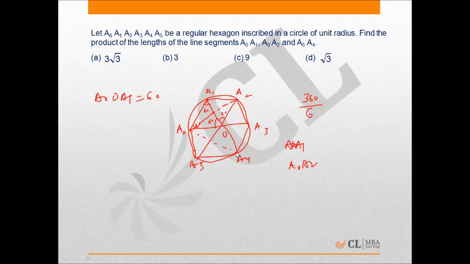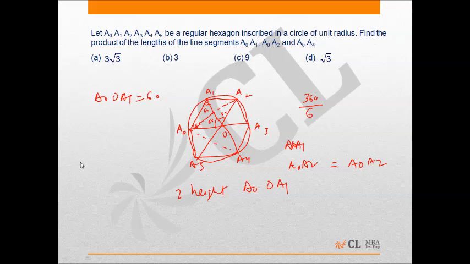Now it can be noted that A0A2 and A0A4 will be of the same length, and A0A2 will be nothing but twice the height of triangle A0OA1, as A0A2 will bisect A1O.